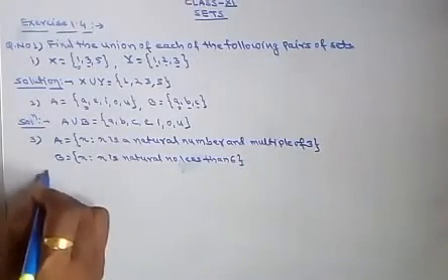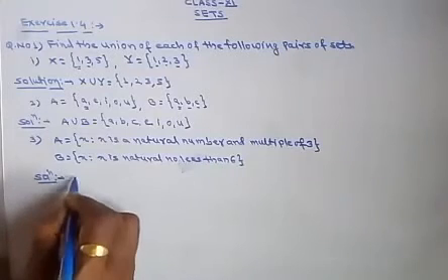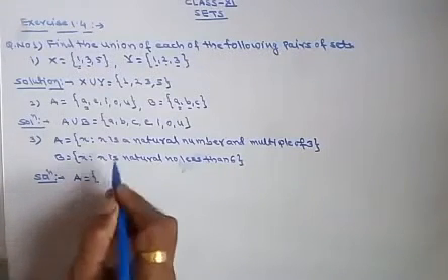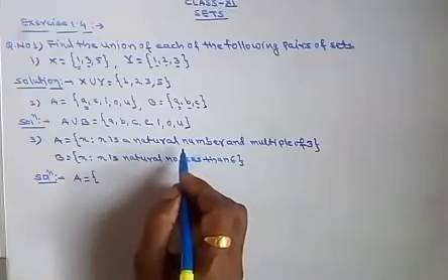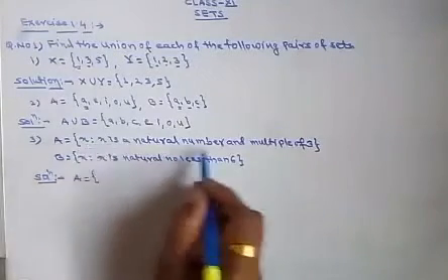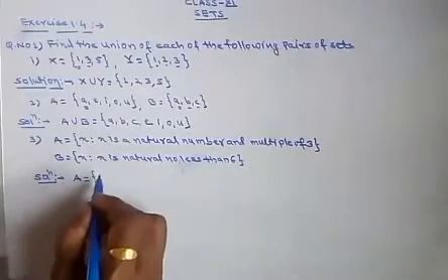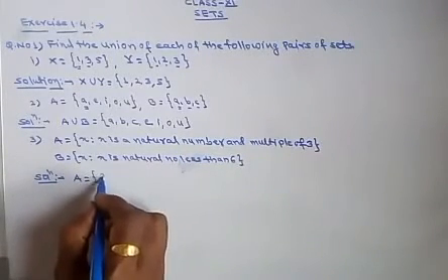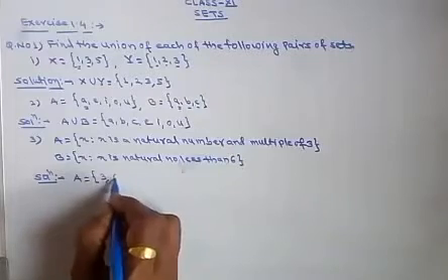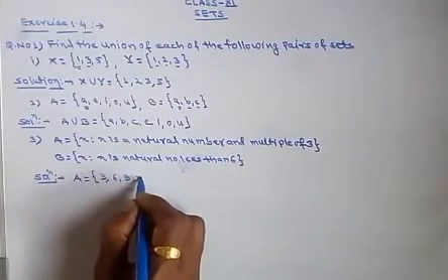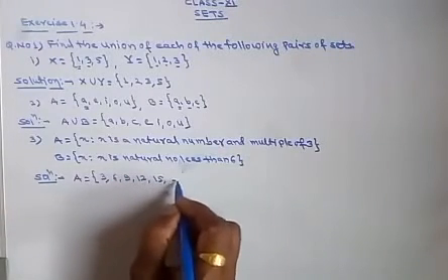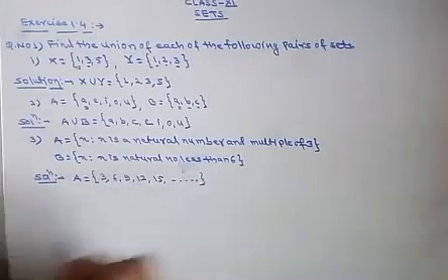So students, here set A contains natural numbers. This is in set builder form. So x is a natural number and multiple of 3, that is 3, 6, 9, 12, 15 and so on. Okay, so this is set A.